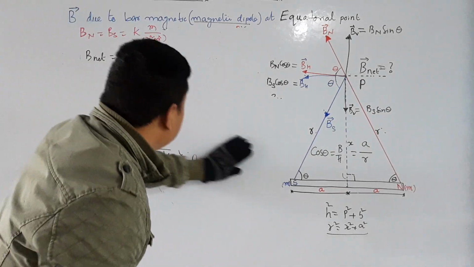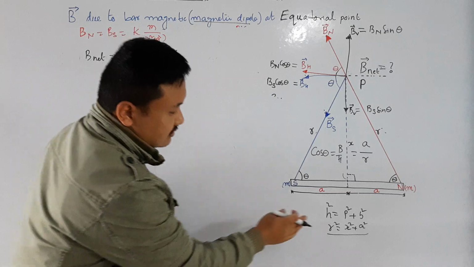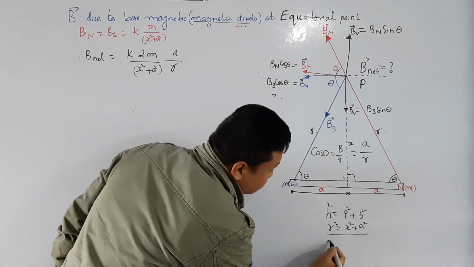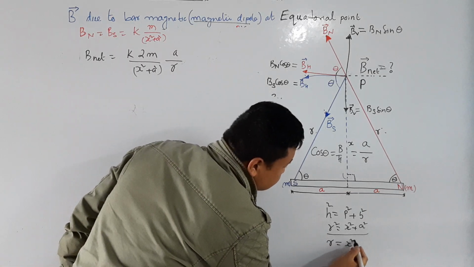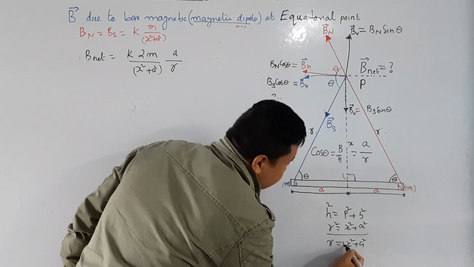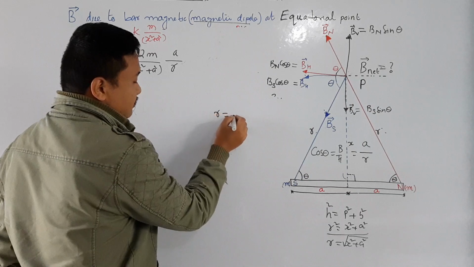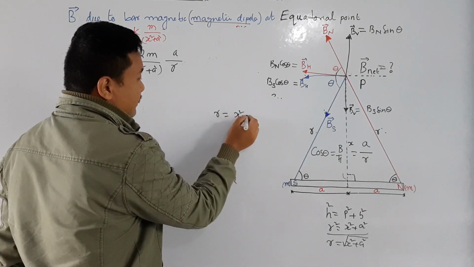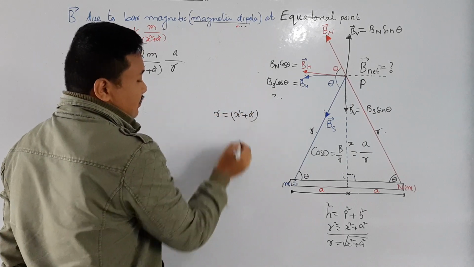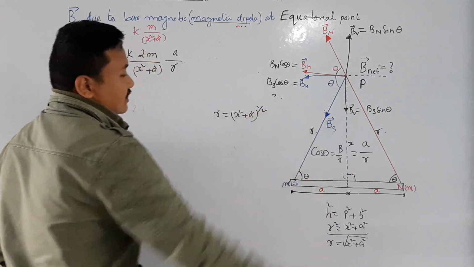Now what is the value of r? This r is equal to x square plus a square under root, that is, x square plus a square to the power 1 by 2.